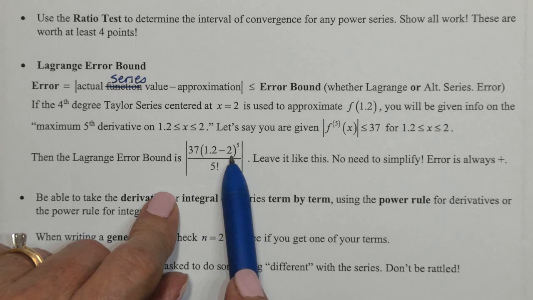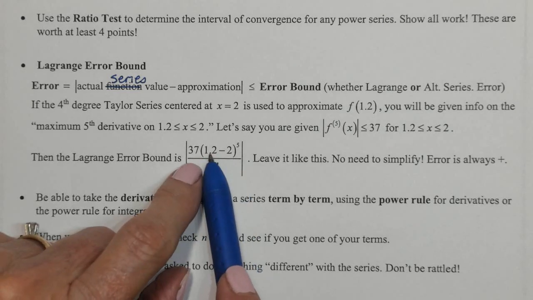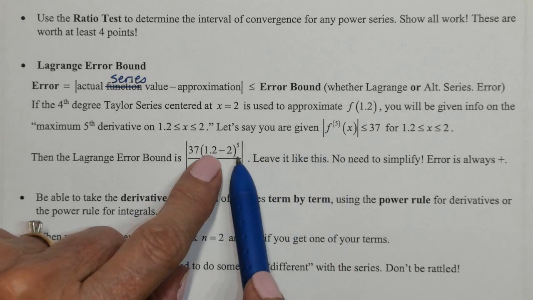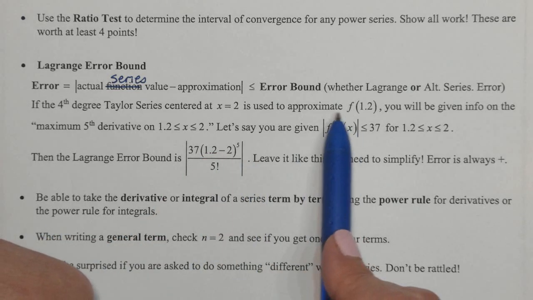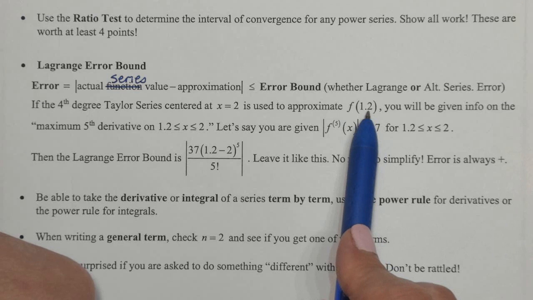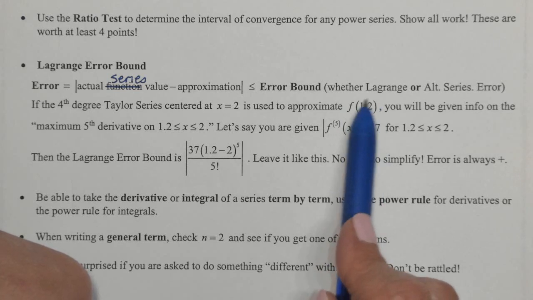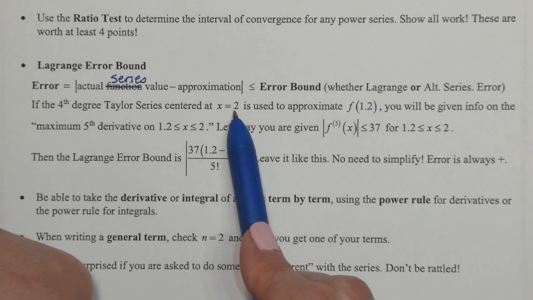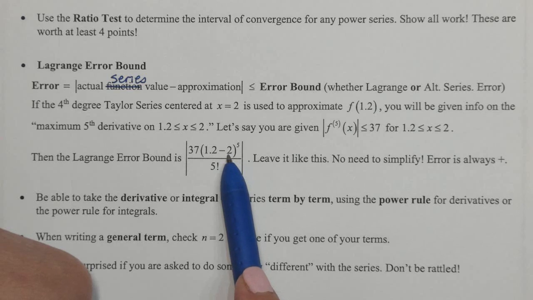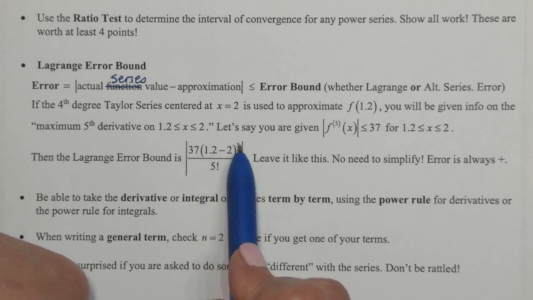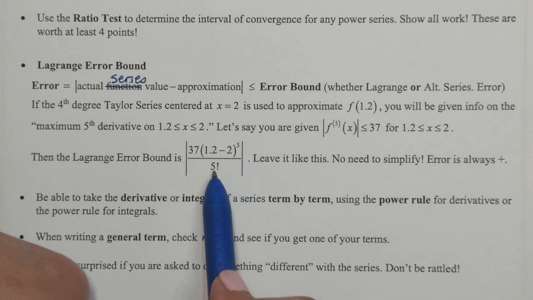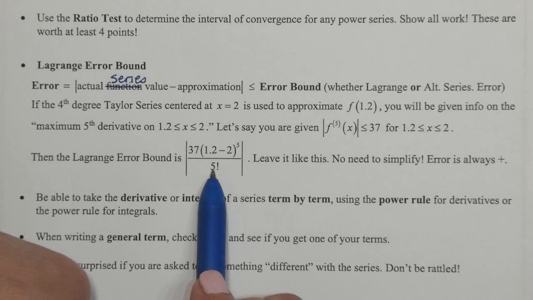X minus c, you'll be given the x. You're approximating f of 1.2, that's your x value. You're centered at 2, okay? And then it's derivative, x minus c to the power divided by the factorial.